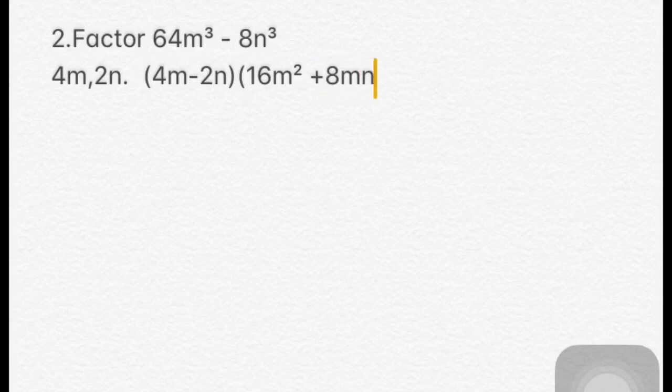Then plus the square of the second term, 2n squared is 4n squared. So this will be our answer for number 2.